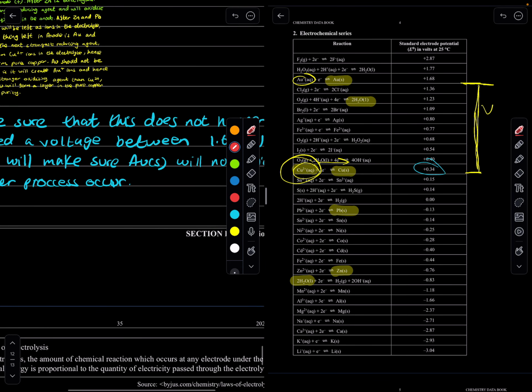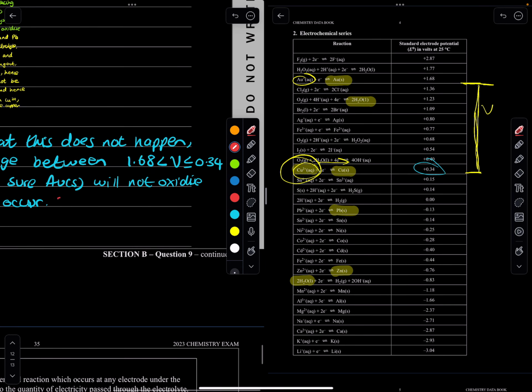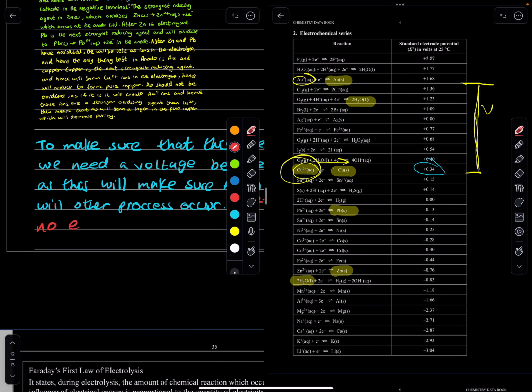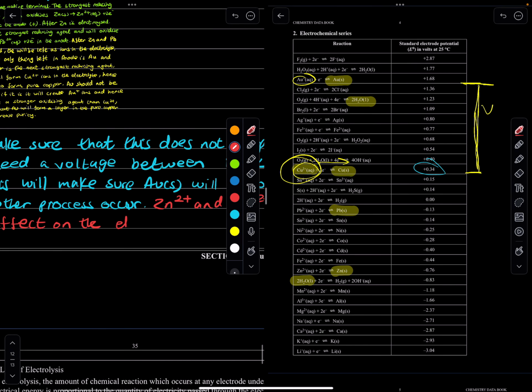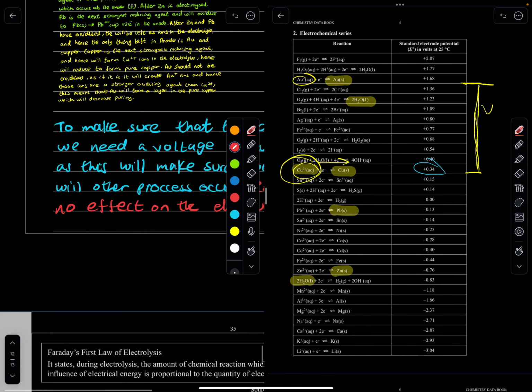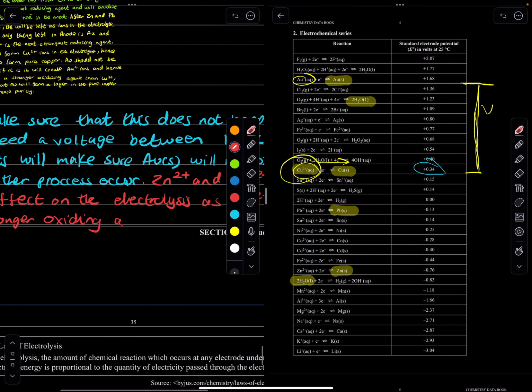So we'll say that last part: the zinc ions, Zn2+ and Pb2+, have no effect on electrolysis, as Cu2+ is a stronger oxidizing agent. Basically, they won't react and stay in the electrolyte.